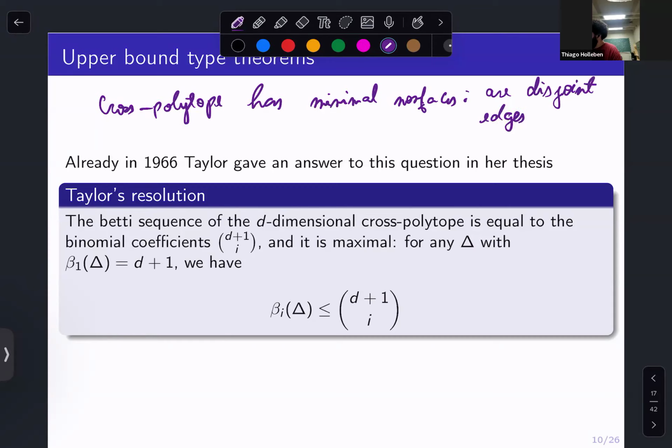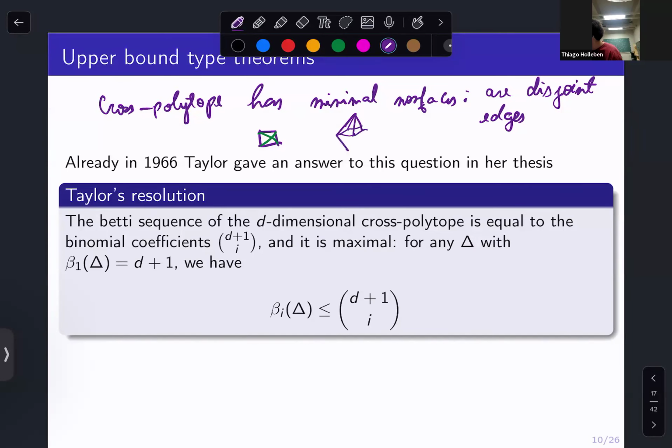Like a square, the minimal non-faces are the diagonals, or you do something like an octahedron. I don't know how to draw it nicely here. Something like this.